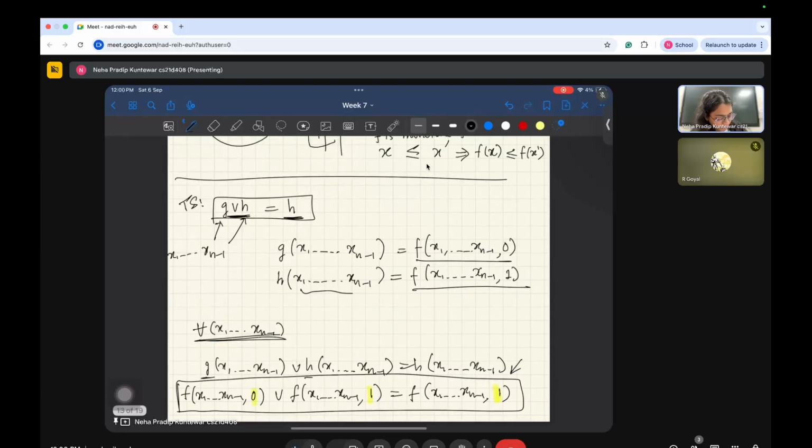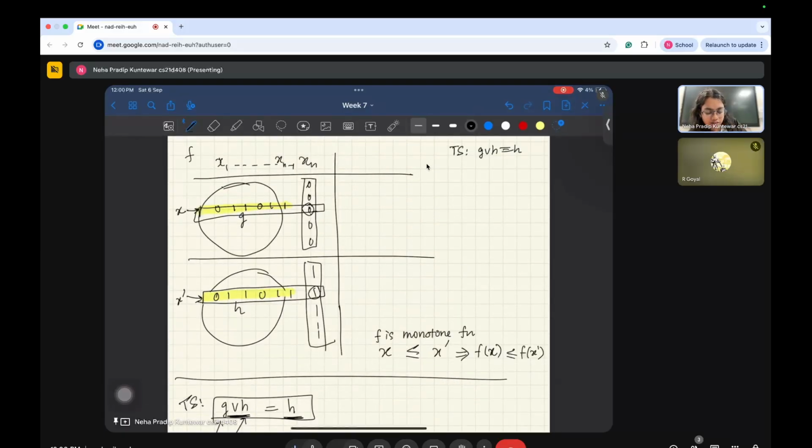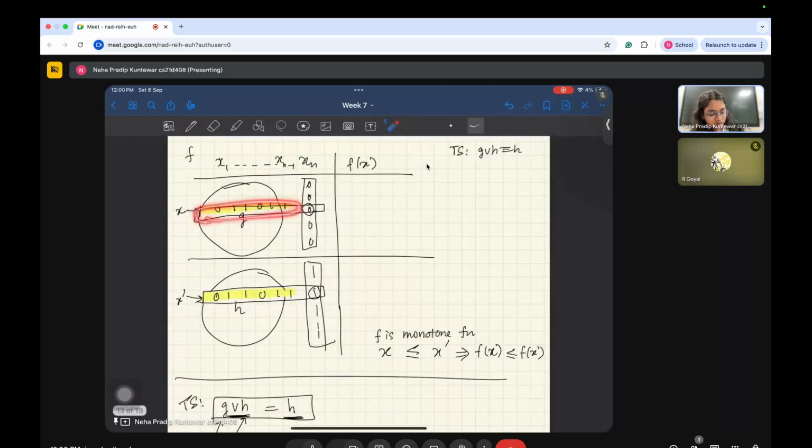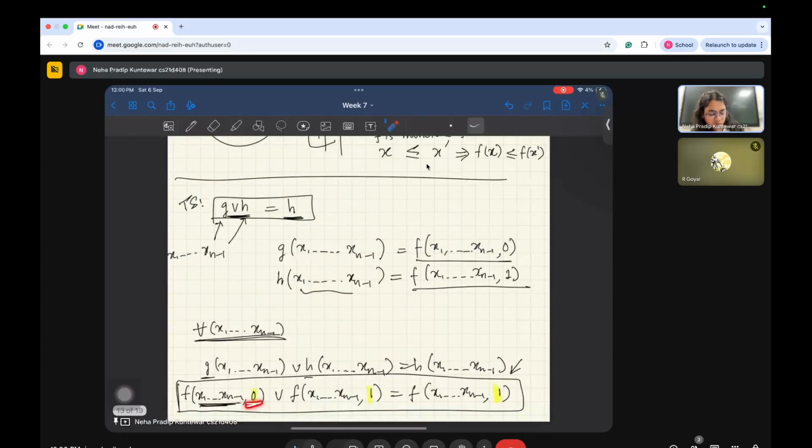So that's why we are looking at this table for f, where we have these n variables, and these are the outputs of f of x. Because f is a monotone function, we know that. So this is some arbitrary setting of x1 to xn minus 1 which we are looking at, and these are the two values: the same values substituted with a 0 and appended with a 1.